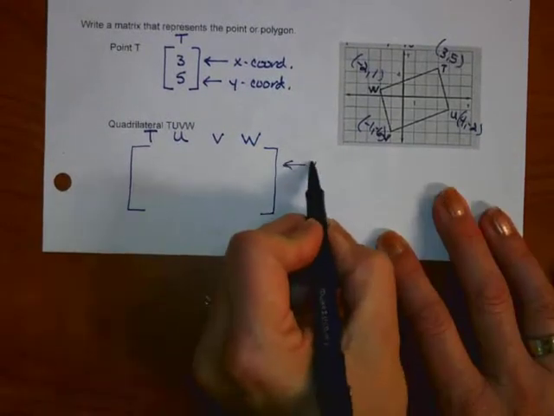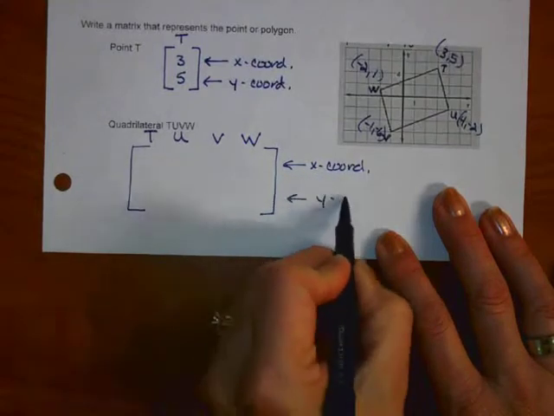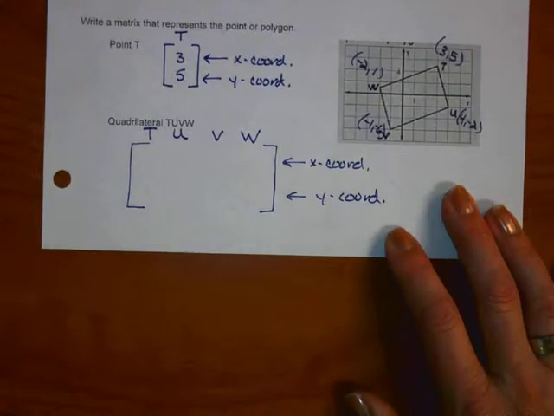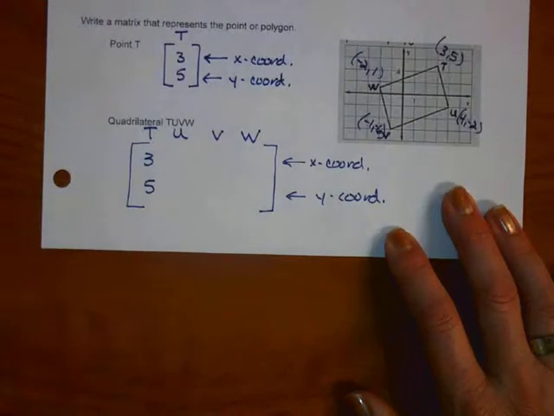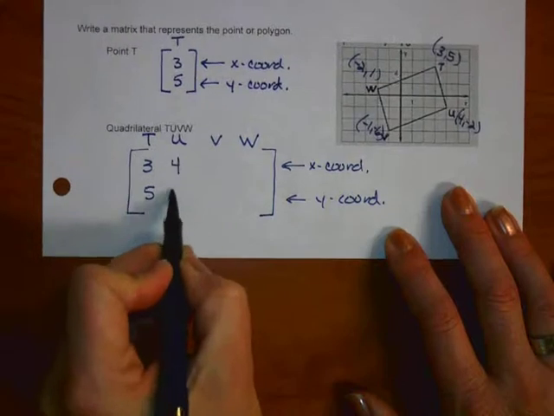Remember, the first row is the x coordinates. The second row is the y coordinates for each point. So we'll start with point T. We already did that one. 3, 5. Point U is 4, -2.